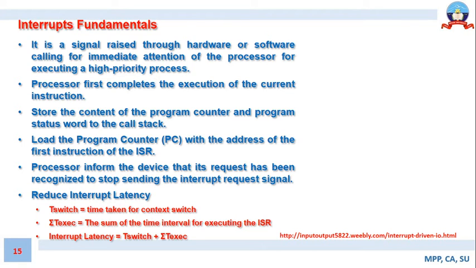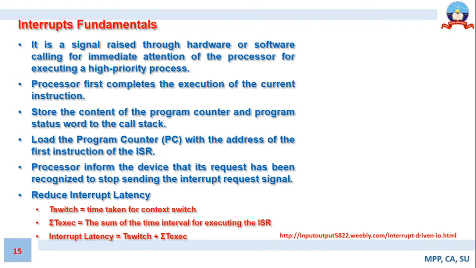Here it is represented by T switch. It's the time taken for context switching. Context switching basically means switching mode from normal execution to the execution of the ISR. So we require time for that. And then we have the time that is required for executing the ISR. Here it is the summation of T execution, the sum of time intervals for executing the ISR.